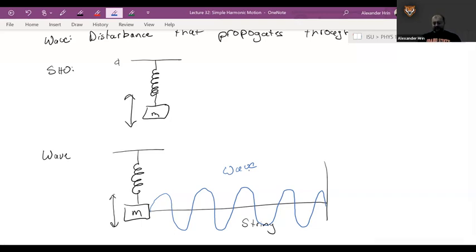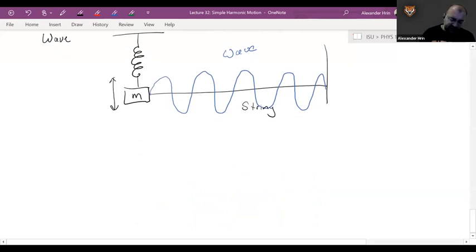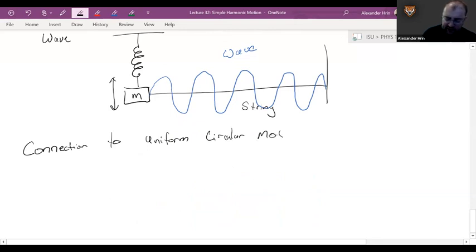All right. Now there's also another connection to uniform circular motion. The idea here is that simple harmonic motion is uniform circular motion in only one direction.